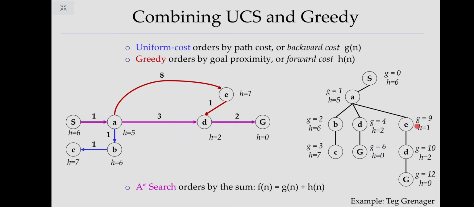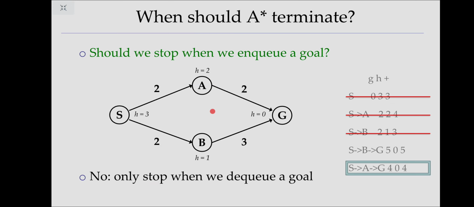If the values of B and E are less than the value of G, we continue. For example, in this simple network, we start from S. It has 2 neighbors.